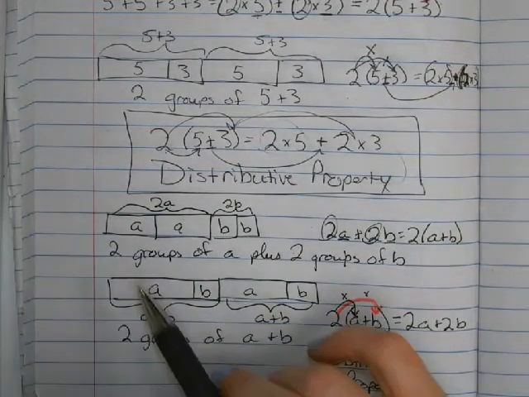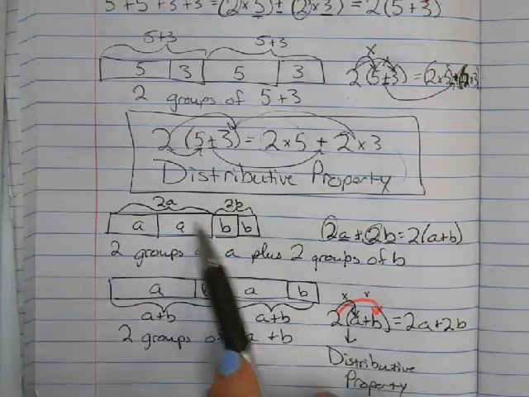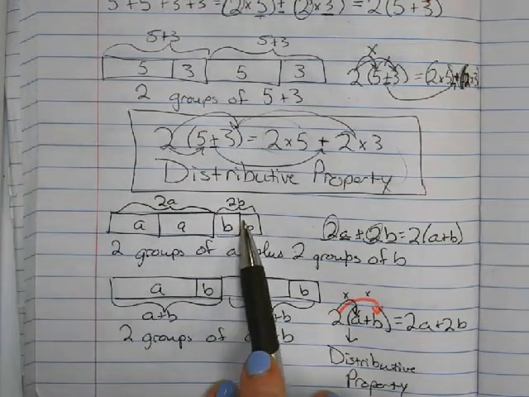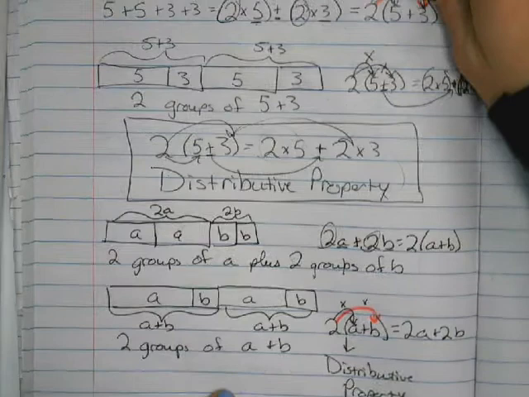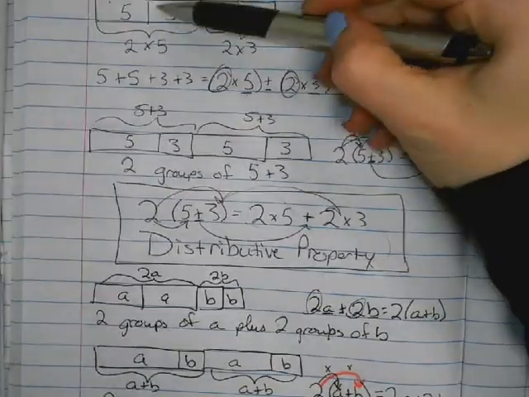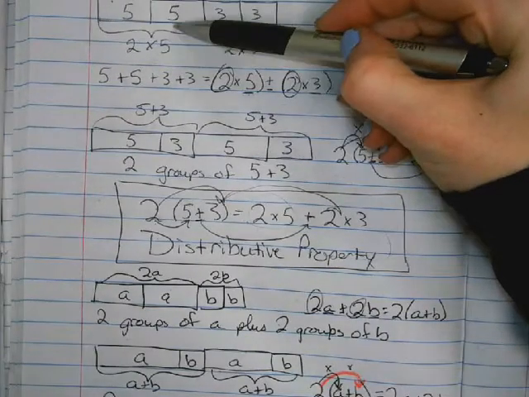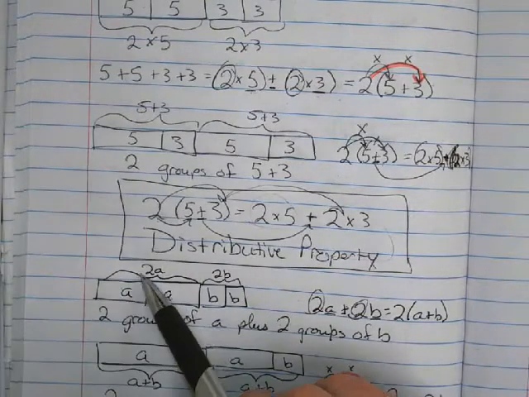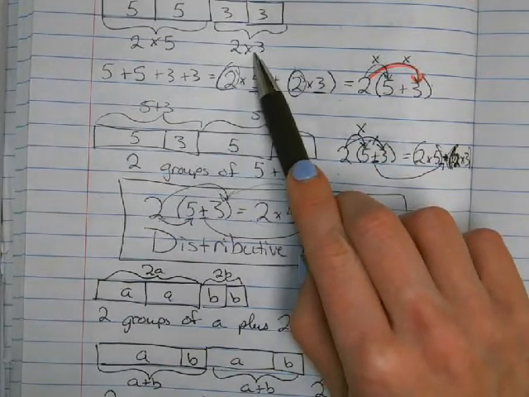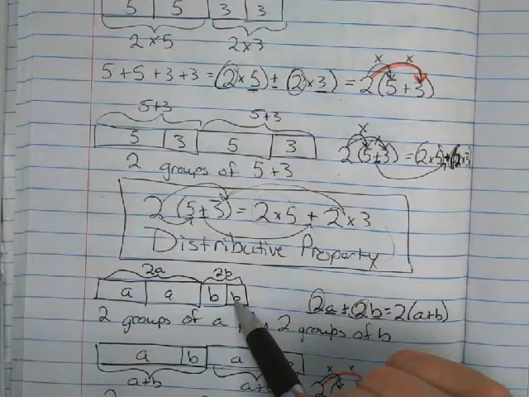So we have here A plus A plus B plus B, so that's 2A, and then 2B. In the same way that up here at the top, 5 plus 5 was 2 times 5, that's why A plus A is 2 times A. And just like 3 plus 3 was 2 times 3, we have B plus B is 2B.